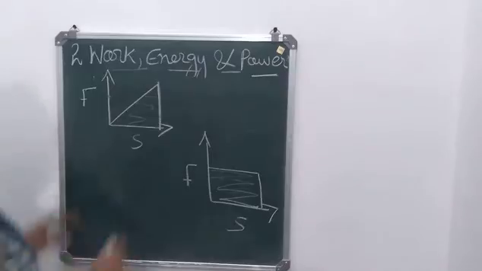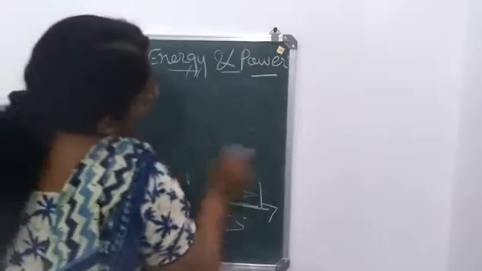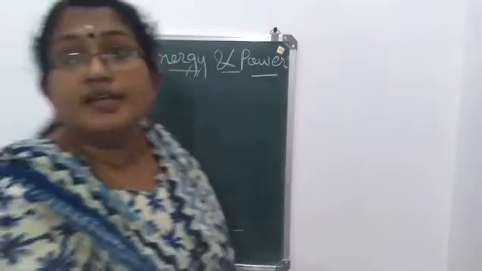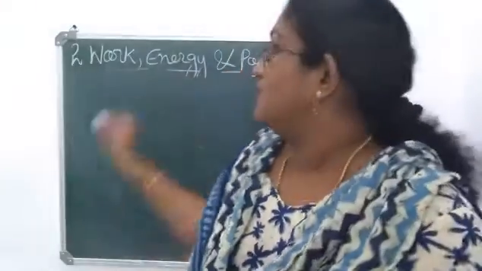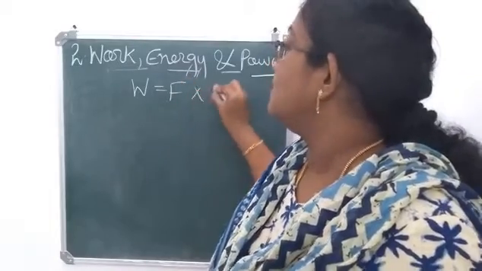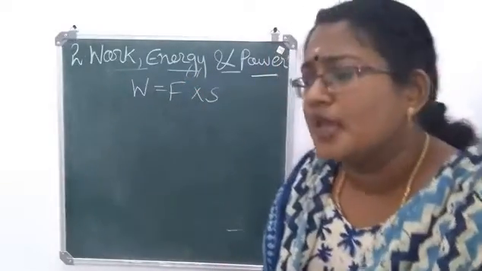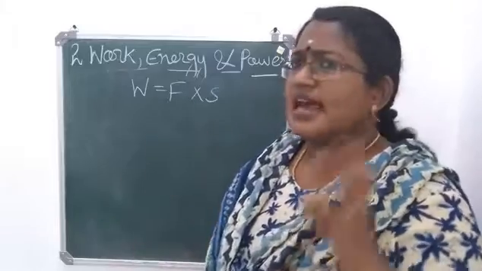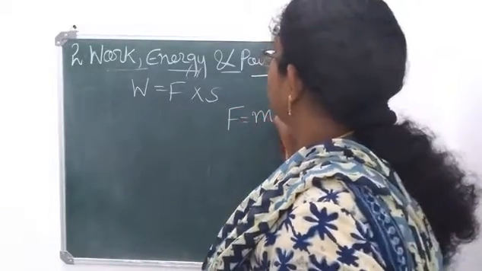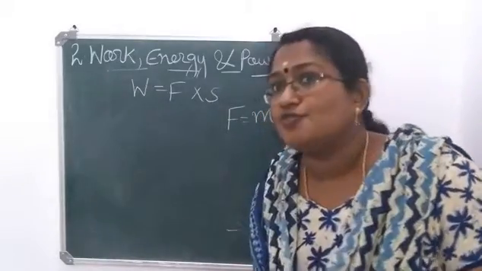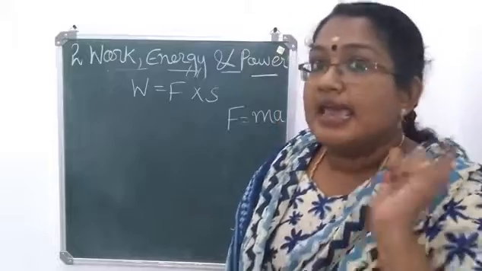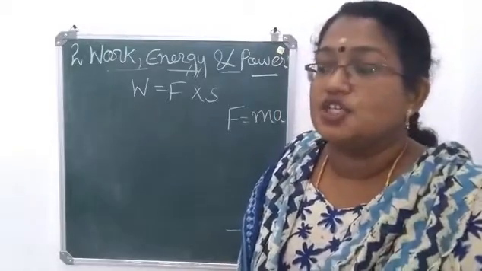Now, next one is the work done due to gravity. Okay. Equation to calculate the work done due to gravity. Our equation for work is force into displacement. Now, what was the standard equation for force? From Newton's second law, we got the equation for force as F is equal to ma. A stands for acceleration.